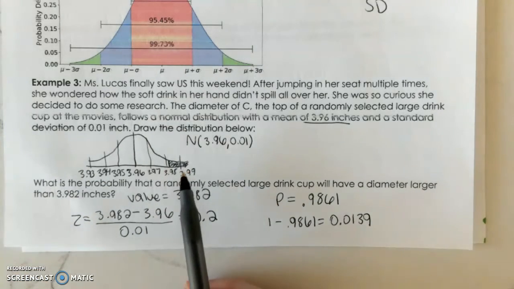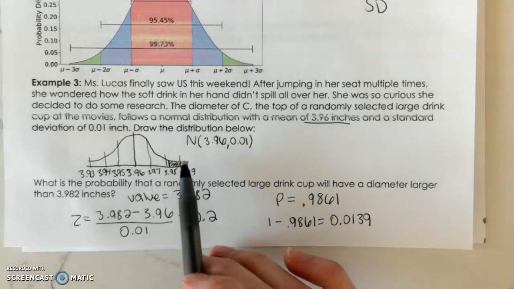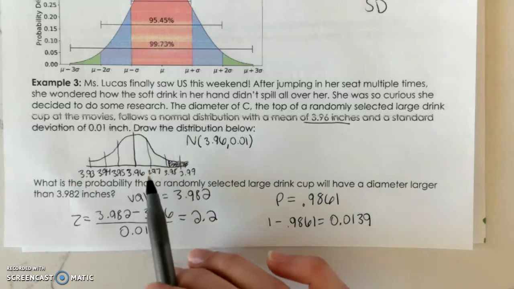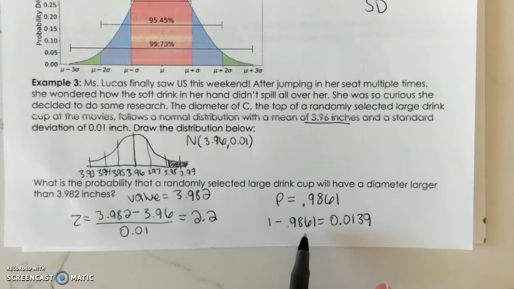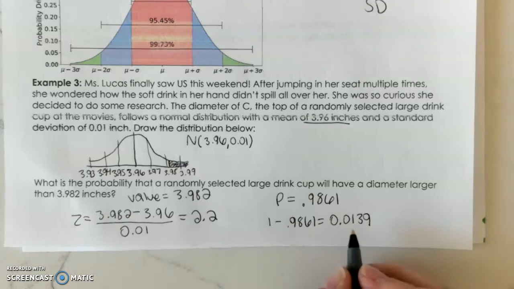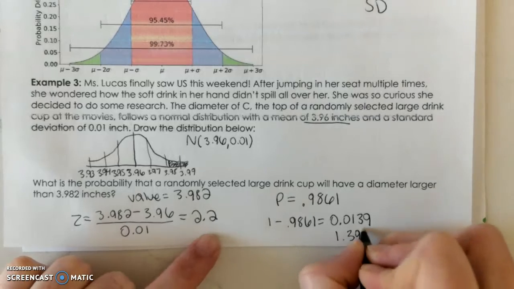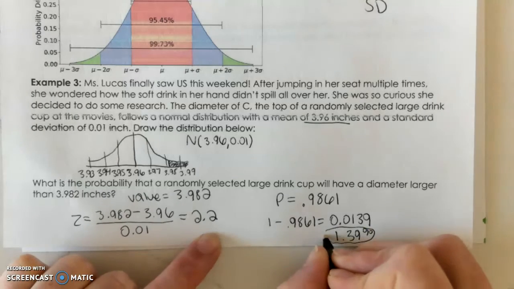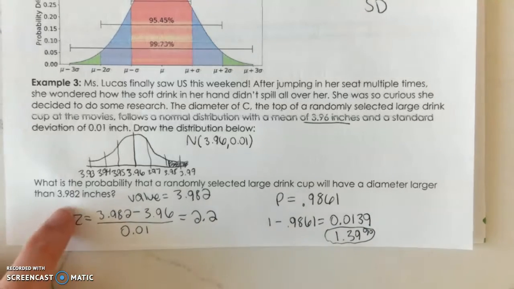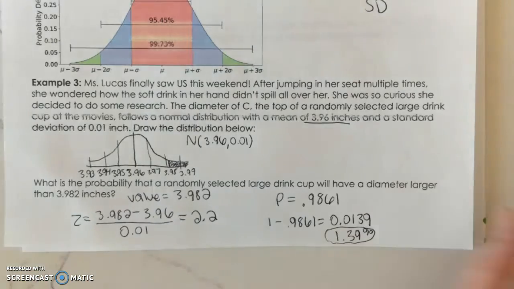Does it look like 98.61% of that curve is shaded? No. My table A gives me to the left, right? So in order to get to the right, I need to do 1 minus my value that I got in table A. So 1 minus 0.9861 gives me 0.0139. 1.39% of the time, I'll get a drink cup that will have a diameter larger than 3.982.